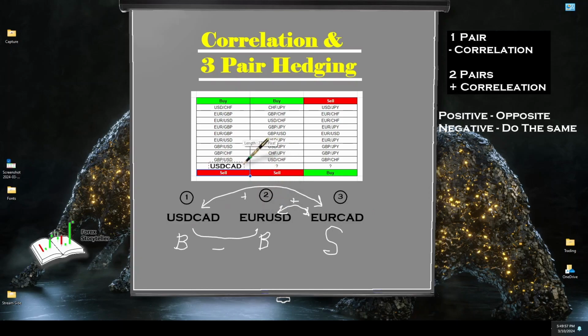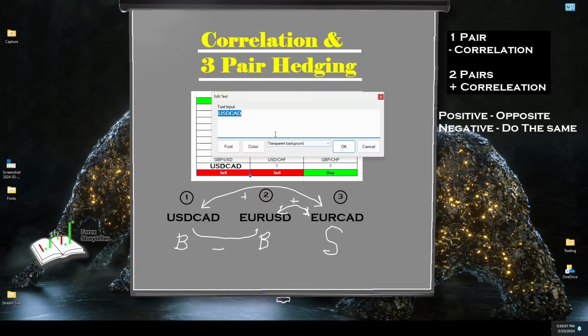So the USD CAD, then we have, let me see if I can do it this way a little bit easier. It's kind of hard to set it up to where I can move it all around easily. So we have the USD CAD there. We would have the Euro USD second, and then Euro CAD last. And that's how it would ultimately fit into the chart.